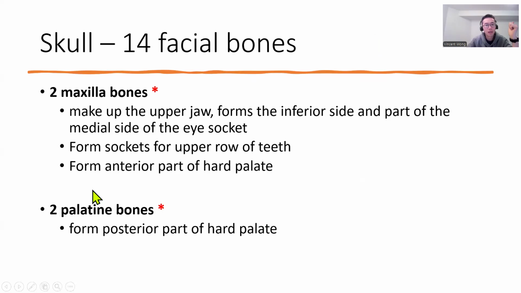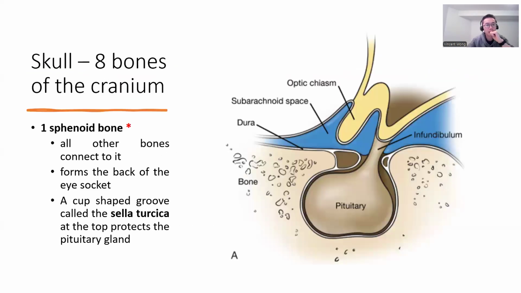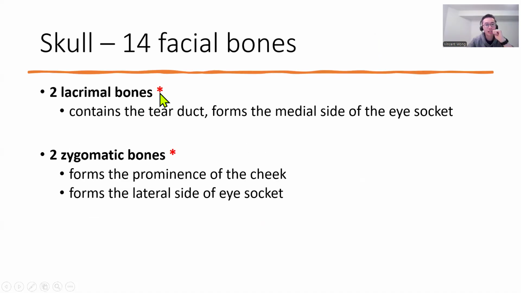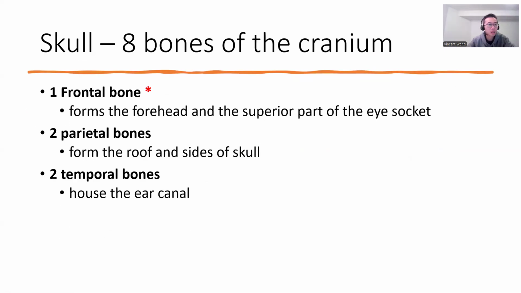The ones that are starred, these are the ones that make up your orbit. Orbit is the eye socket. There are seven bones that make up your eye socket. And we're going to take a closer look at them right now.